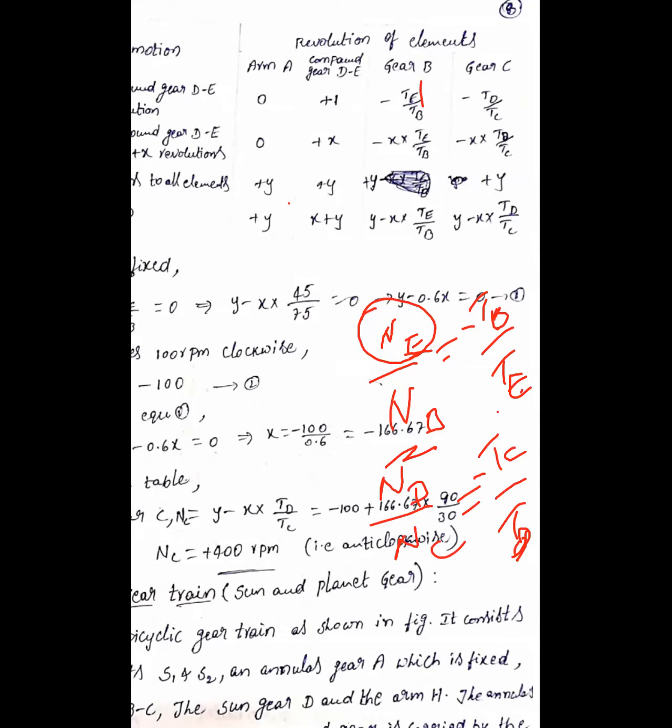So NC equals minus TD by TC, and ND is again 1. So NC is minus TD by TC. Is it clear? Do you have any doubts about how we write minus TE by TB and minus TD by TC?